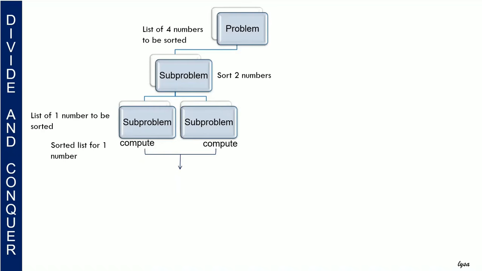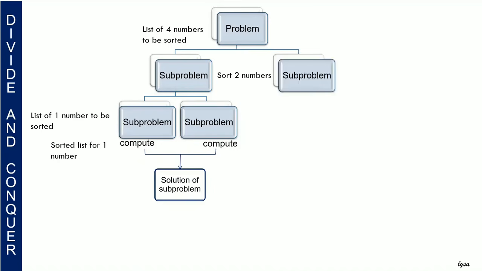So I have 2 subproblems, one which has 1 element sorted and the other also has 1 element sorted. With these 2, I will find the solution of the next bigger subproblem, which is 2 elements. And this is similar to having a sorted list of 2 elements. I have completed sorting 2 elements.